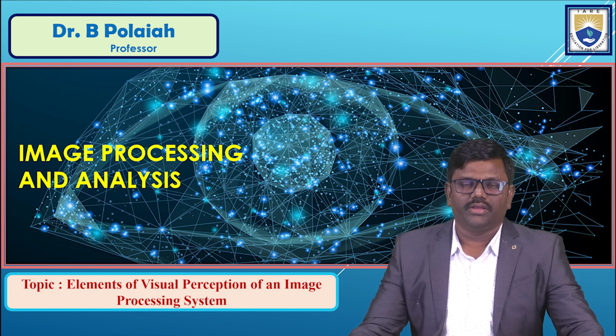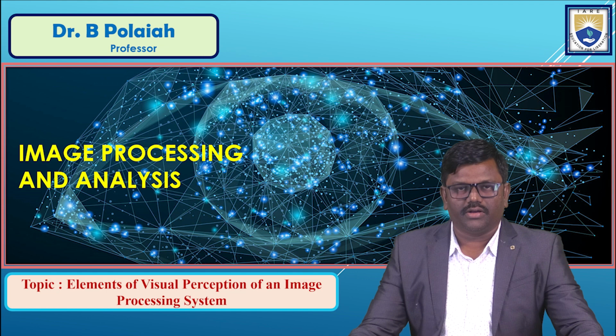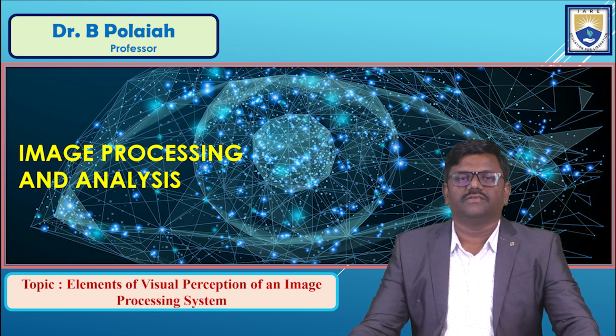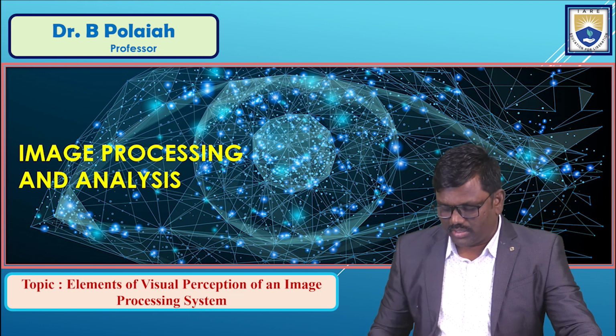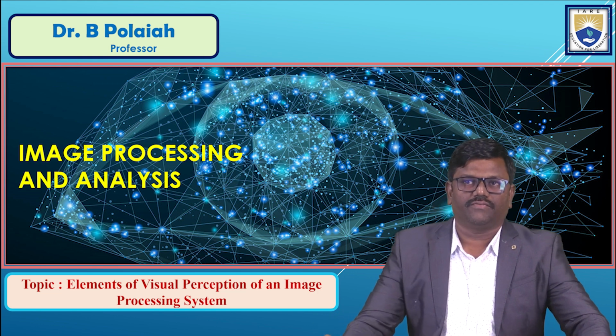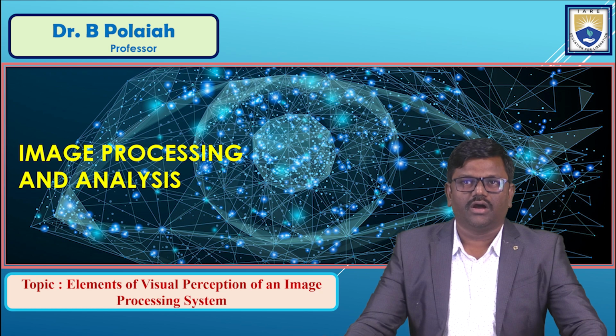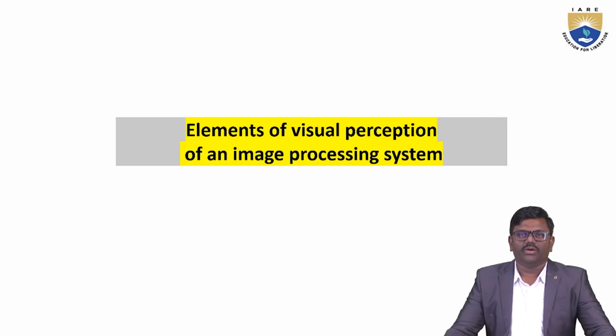Today I am going to continue from our syllabus, that is the image processing and analysis subject. The name of the topic is elements of visual perception of an image processing system.